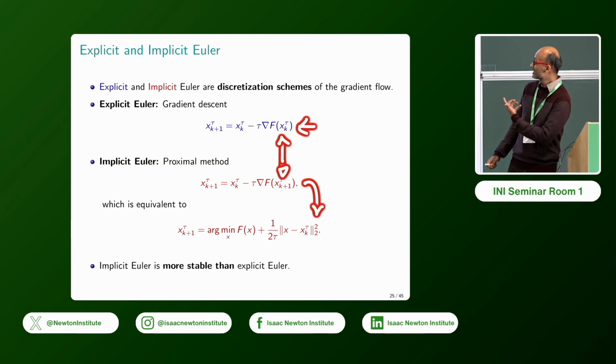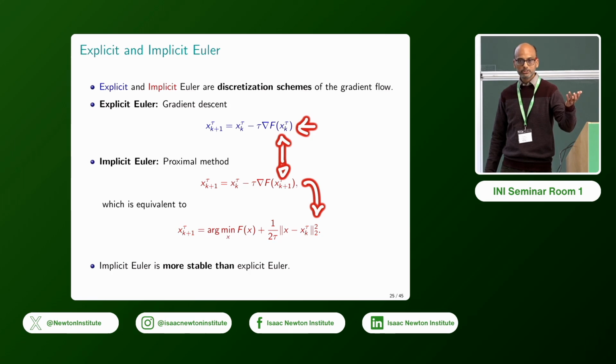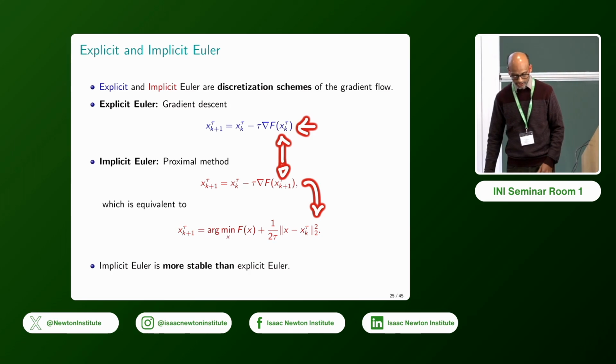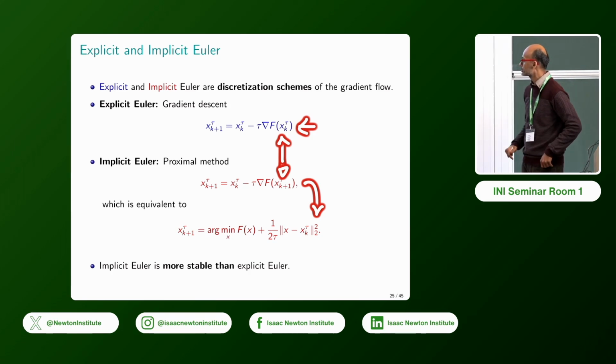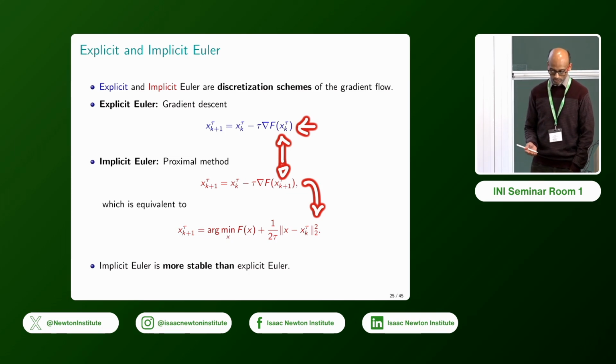Essentially, I want to minimize the function, but at the same time I don't want to be too far away from the past iterate, and that's where the name proximal method comes from. It is well understood that implicit Euler is a more stable discretization than the explicit Euler.